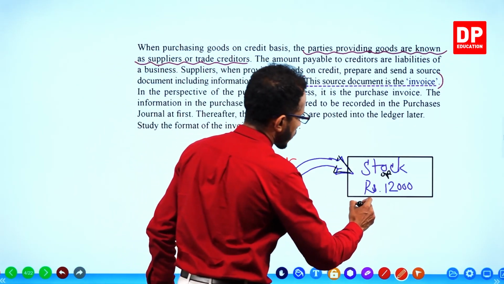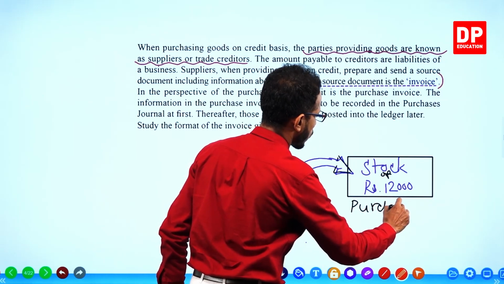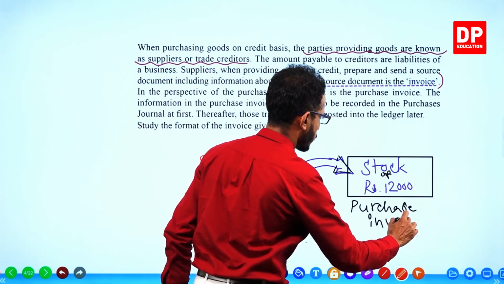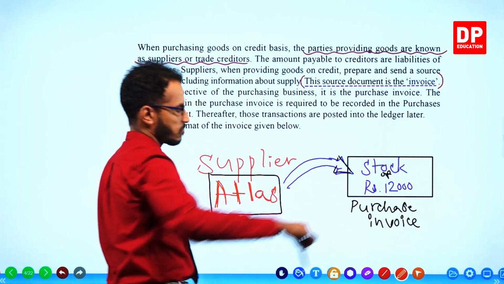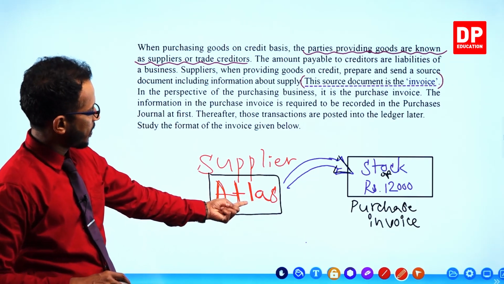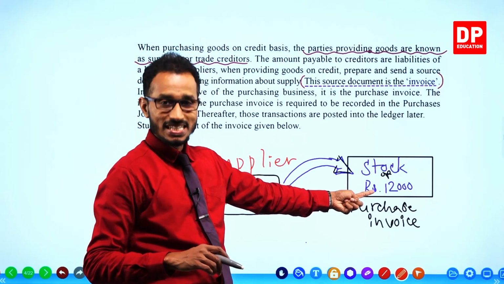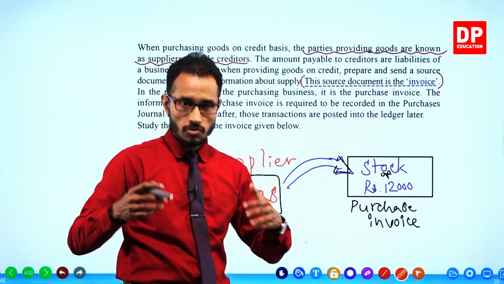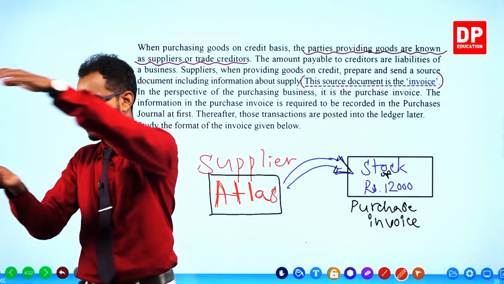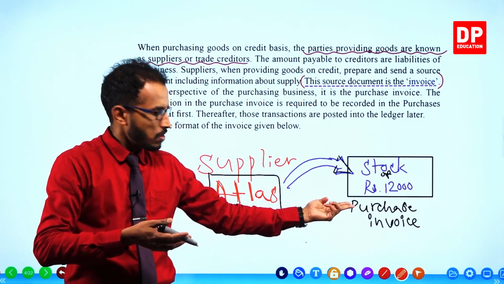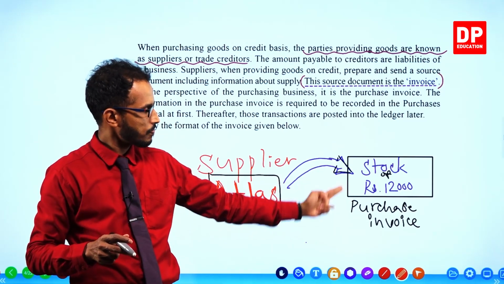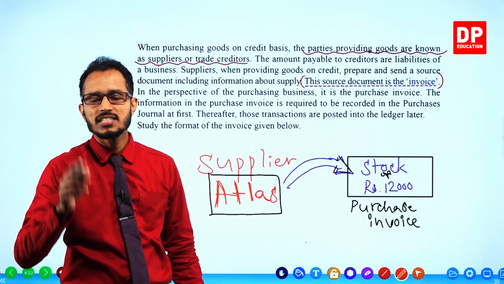It's called the purchase invoice. From Atlas Company, a stock of 12,000 is purchased by me for my bookshop. For this purchase of 12,000, I need to prepare a purchase invoice.